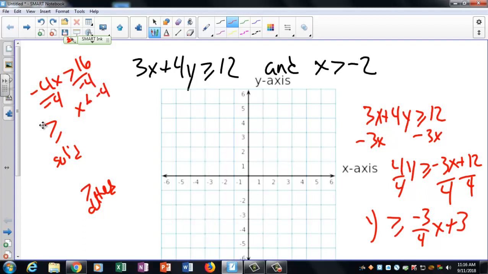If you divide by a positive number, it stays the same. But this is just an aside because a lot of people have forgotten that. If you're going to solve this for y, you need to remember that because it comes into play sometimes. Okay?